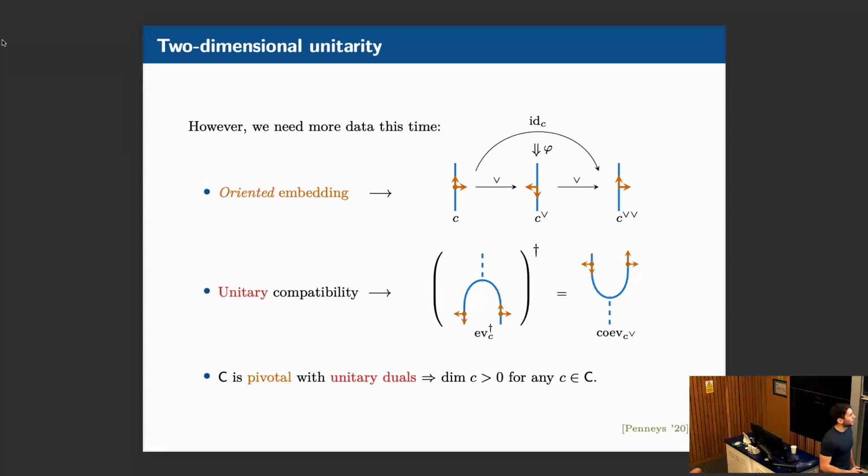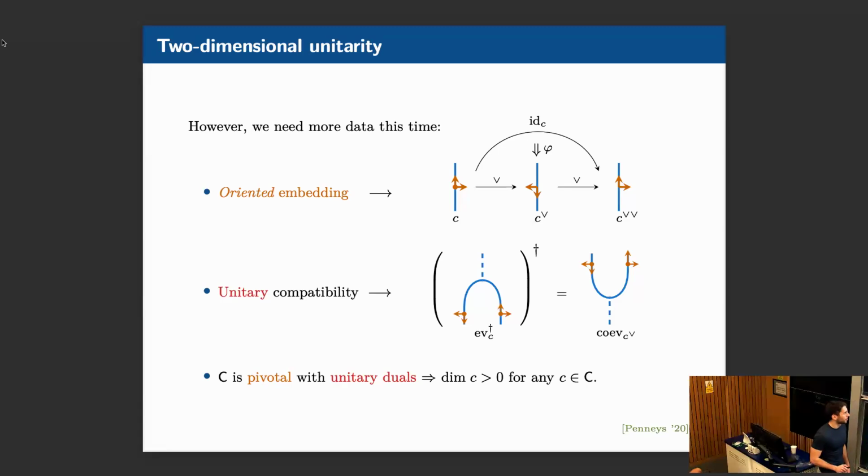So you want the reflection, which I told you a moment ago we used to identify unitarity in Euclidean signature, to be compatible with these oriented embeddings. Okay. Once you take all of this into account, it is equivalent to saying that C is pivotal with unitary duals, and we recover the nice structure we know from the physics literature.